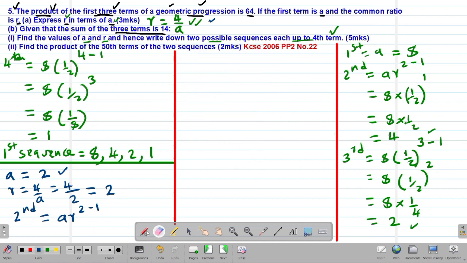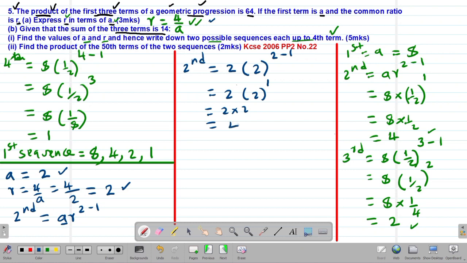So the second term of the second sequence will be equivalent to our first term, 2, then into the common ratio, which we've also found to be 2, then to the power of 2 minus 1. So this will be 2 into 2 to the power of 1, which is 2 times 2, which will give us positive 4.